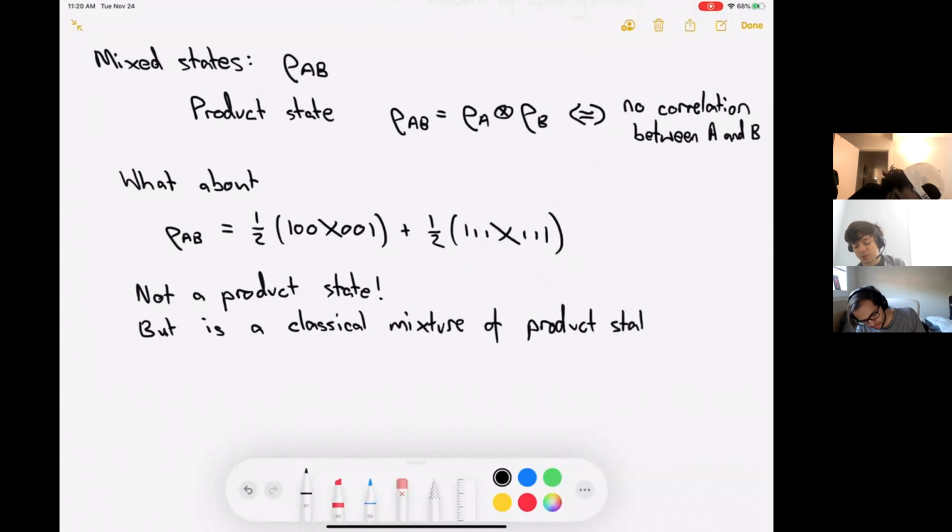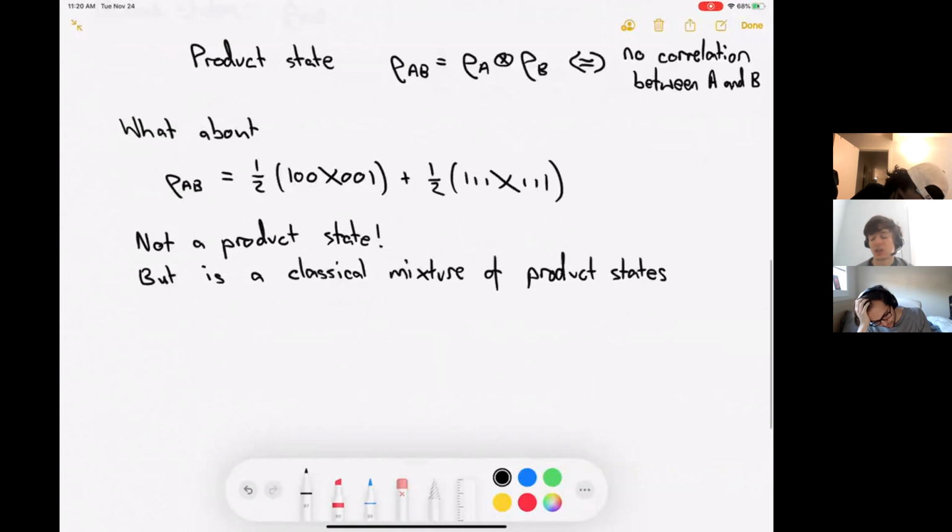If we interpret this state as a sort of ensemble, then it can be written as an ensemble where there's a 50% chance that it's in the 0,0 state and a 50% chance that it's in the 1,1 state. Neither of those states are entangled. So we'd like to say that this state is also not entangled, right? It's just a probabilistic mixture of unentangled states.